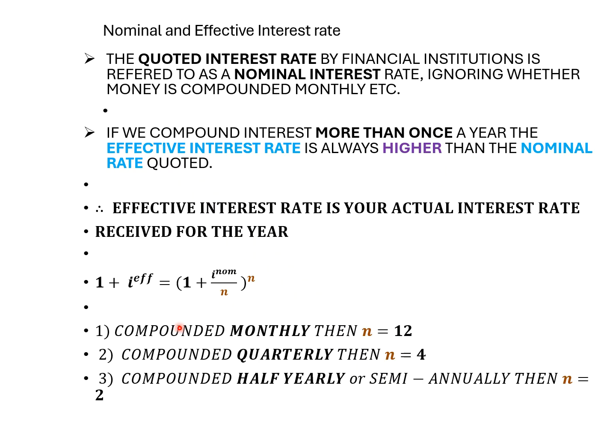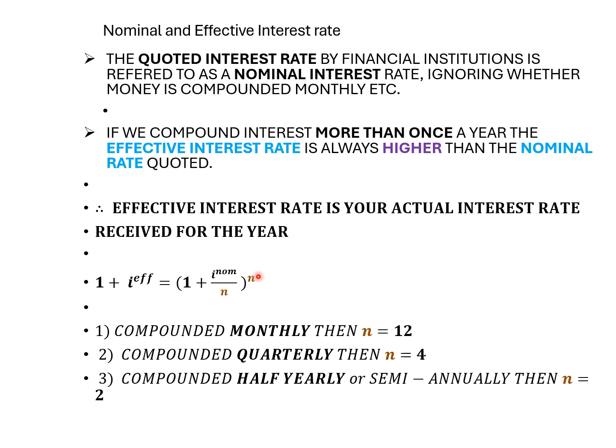So when I use this equation, 1 plus i effective, meaning effective interest rate, equals (1 plus i nominal, my nominal interest rate, divided by n) to the power n, where n is the time period: monthly, quarterly, half yearly, etc. And take note, this n we only calculate for 1 year.